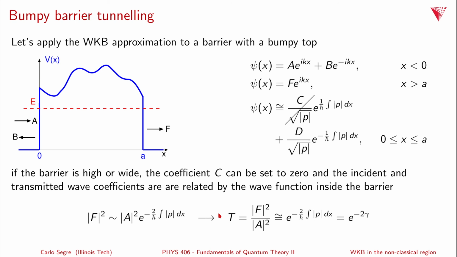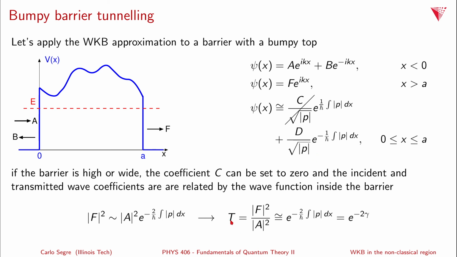And the transmission coefficient is going to be, because of continuity, this has to be equal to this, the amplitudes have to be equal at a, and the amplitudes have to be equal at 0 as well.